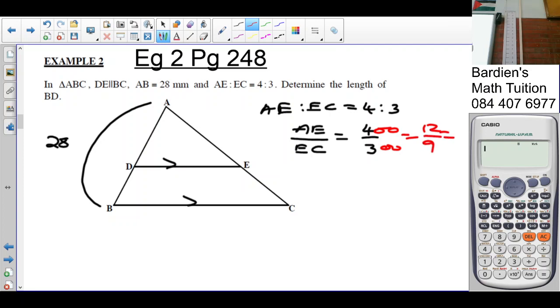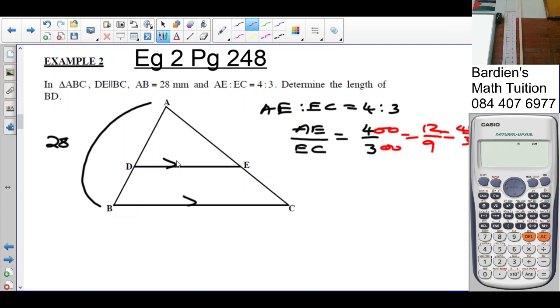It could have been 4 million over 3 million. It could have been 16 over 12. You understand? So that ratio of 4 over 3, which is AE over EC, could represent any of those. It could have represented an infinite amount of ratios or fractions in this case.